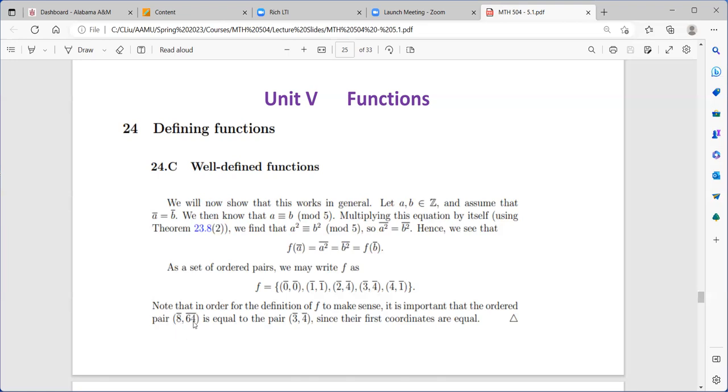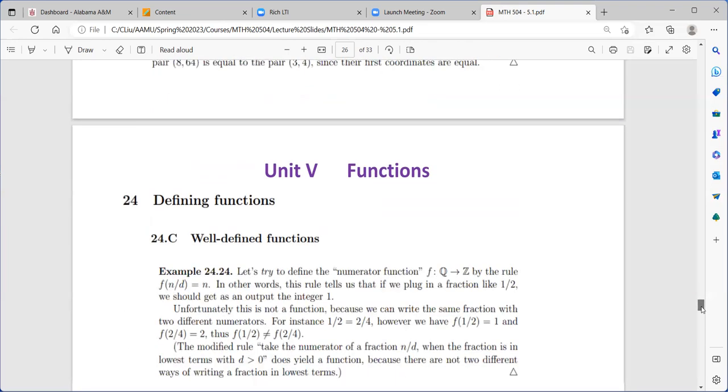So the ordered pair of 8 bar, 64 bar is the same as the ordered pair of 3 bar, 4 bar. All right. So it's just the fourth ordered pair in this function f.